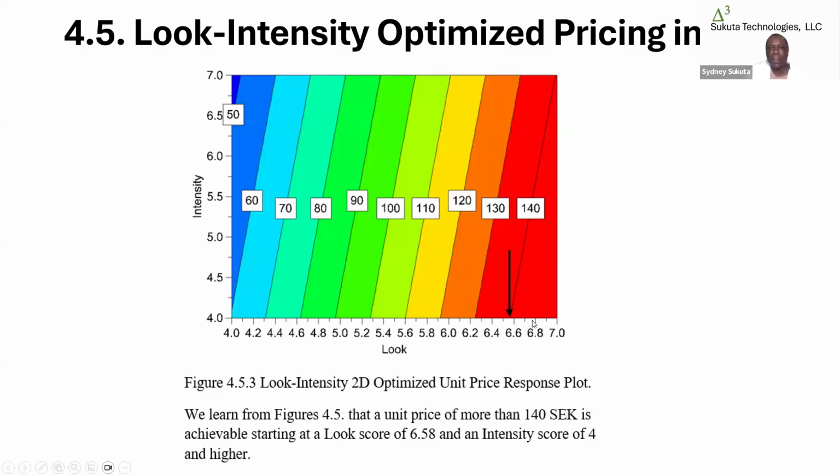As look gets better, the intensity goes up in this corridor here. You have a maximum price. Again, if I have that beacon at 158, I won't be very impressed. I want something higher, so I'm going to focus on that. However, for those with products under 140, this may be interesting as well.